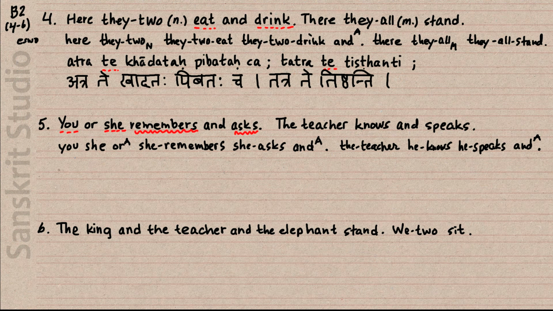Alright, so let's do the transliteration now. Tvam sa va smarati. Remembering is smarati and asking is prichati. Then we have an "and" here, cha. And we have a teacher, acharyaha.